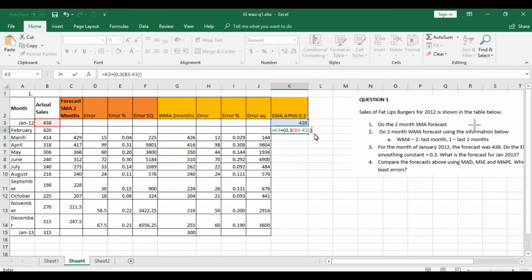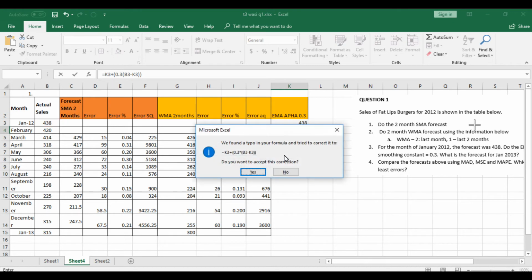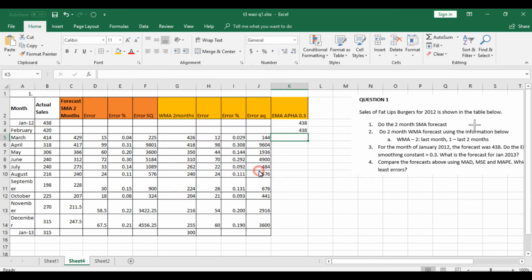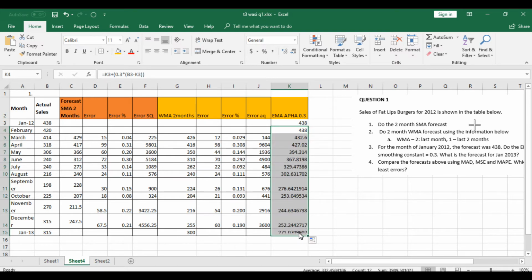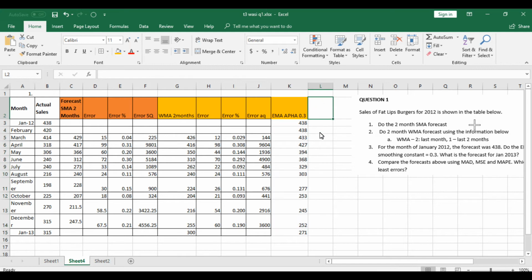There must be two brackets because you can see that one bracket is open from here and the other is open from this place, and here are two closing brackets for both of these. So just enter, check the correction. Yeah, 438. Just write it down until January 2013. Just make it into one decimal point or nothing.